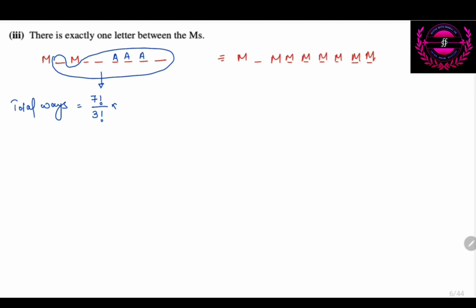Now M can take 7 places, so I will multiply this by 7. To understand this, the arrangement can be M_M and the remaining spaces, or it can be M_M and remaining spaces, or it can be M_M and remaining spaces. So I hope this is clear now. So how many possible ways are there? In total 7. Let's move to the next question.